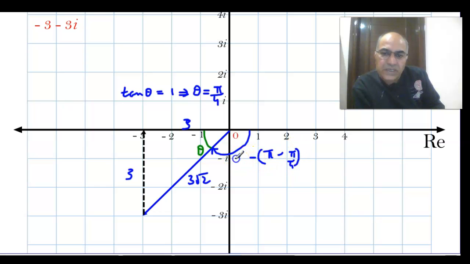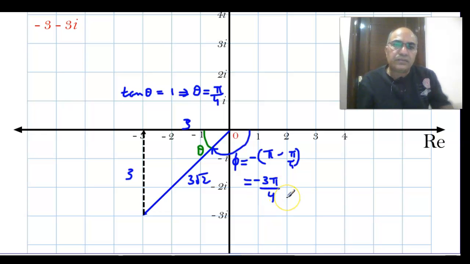So our principal value is equal to minus pi plus pi by 4, which is equal to minus 3 pi by 4. Okay.